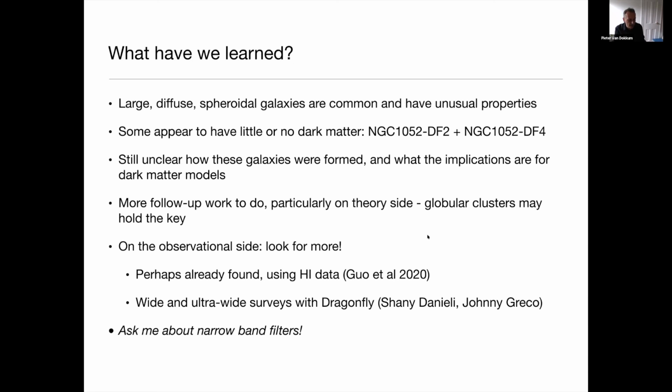The narrowband is mostly aimed at emission lines. It's an ultra narrow H-alpha filter. We have a trick to do that. There's no time to really go into it, but it's so sensitive that I think you can even do absorption work with it.